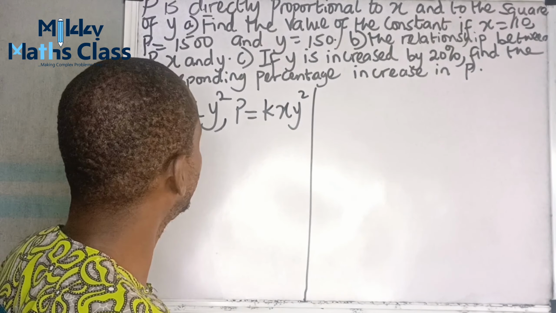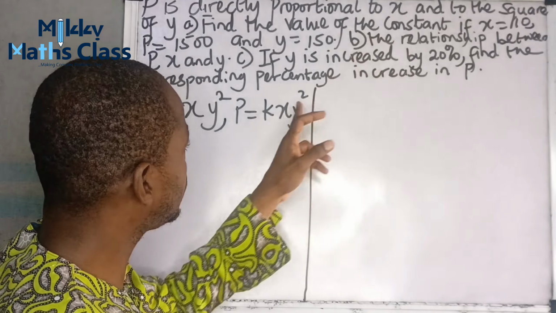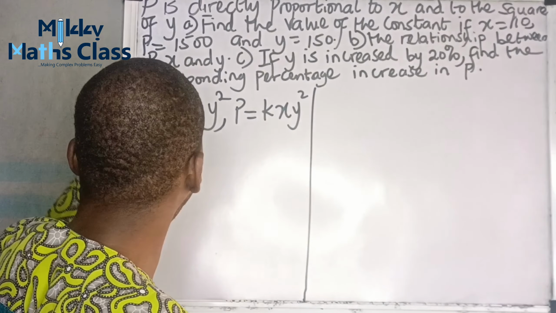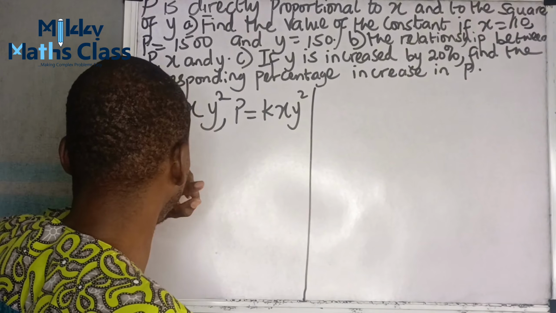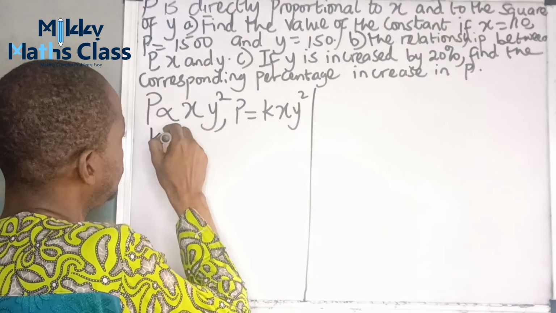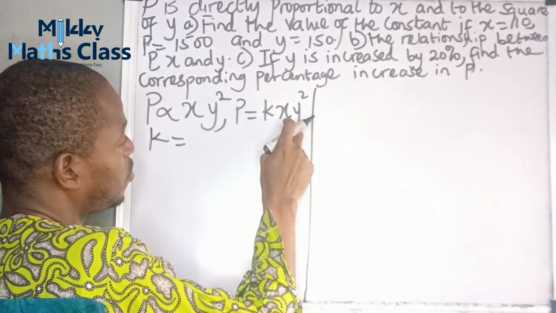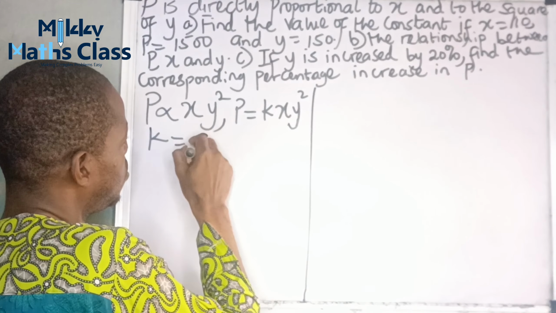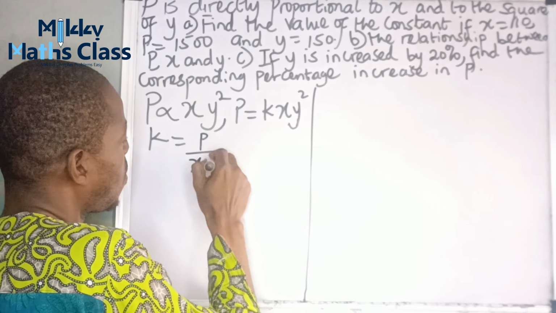Now the next thing, it says find the value of the constant K, if X is 10 and P is 1,500. So let's make K the subject of the formula. K will be equals to, divide both sides by XY squared, so that becomes P over XY squared.